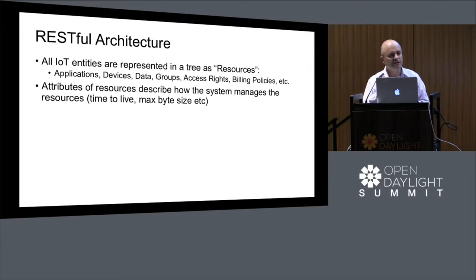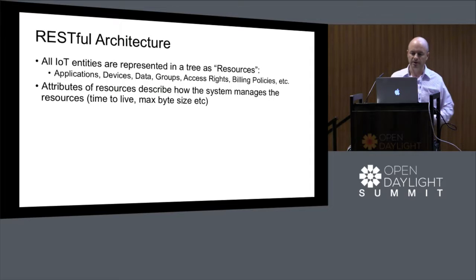Each resource has a set of attributes, and those attributes tell IoTDM how to manage this tree, because if you accept the data without any condition, at some point you'll bubble up and explode. So there are some rules that you can associate with the resources, and you tell IoTDM, I want to keep those resources for a certain while, I'm going to recycle those resources, I don't need to have more children for this specific branch of the tree, and so on.